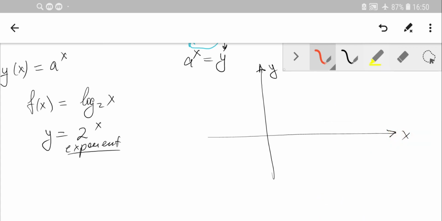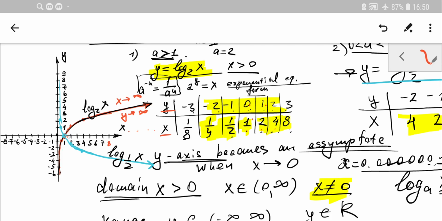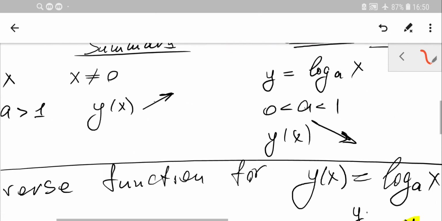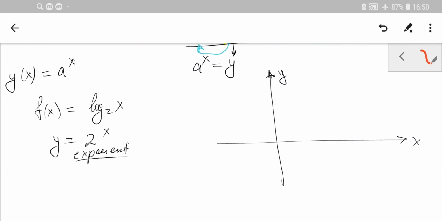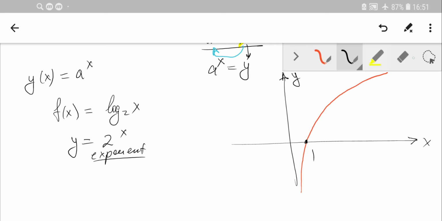Okay, anyway, we just make a sketch y from x, and we know that our log function, just remember the previous case, goes rising through the value of 1. That's log 2. Right now we're going to make a sketch of this graph. It's rising this way. So that's a rising curve. It goes through 1. It has the y-axis as the asymptote, right? And let's draw the inverse function, that's an exponent.